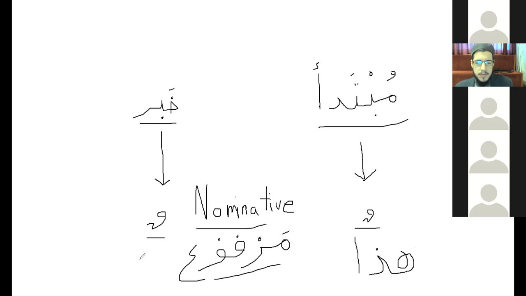So we have, let's say, هذا كلب. I understand kalbun. Kalbun has that dhamma at the end. But what's going on with hada? Why doesn't hada have a dhamma at the end? Is it an exception to the rule? Is it not actually in this case? Would anyone like to take a stab at this?